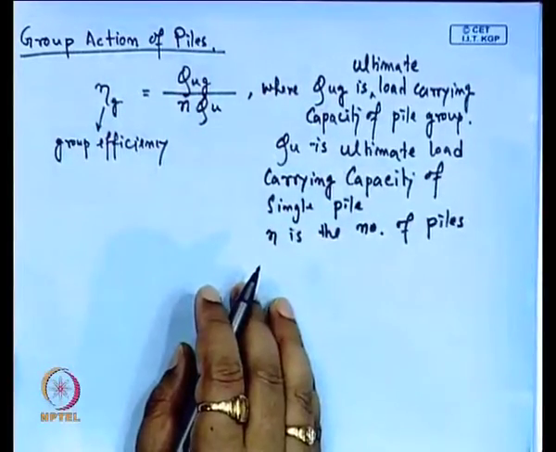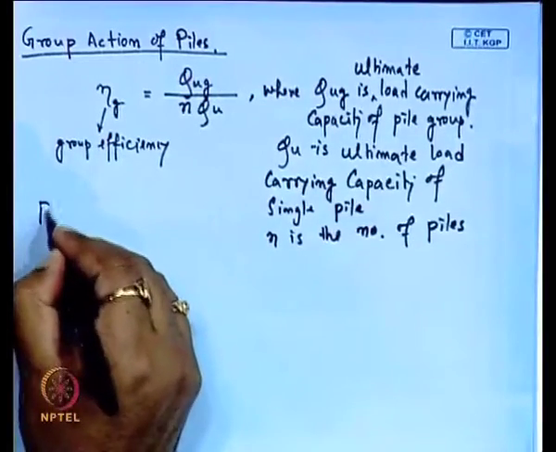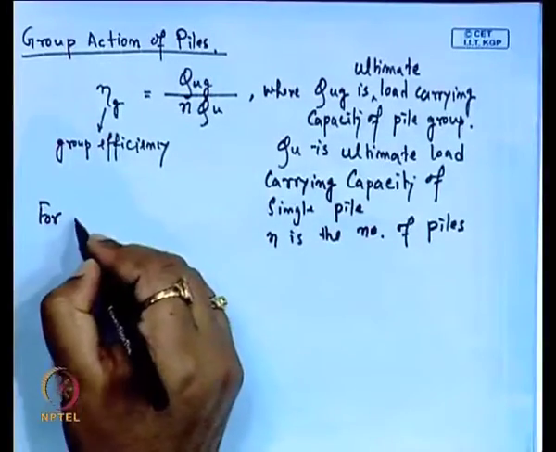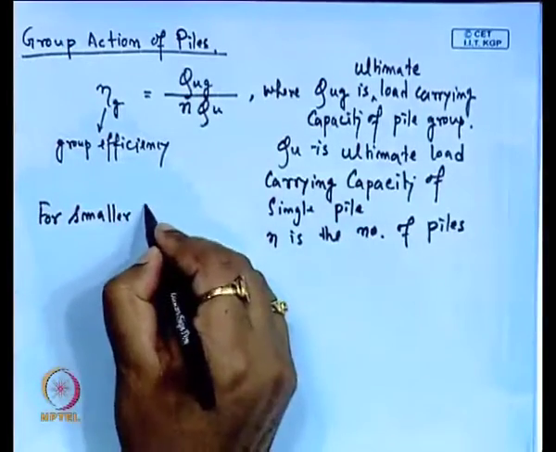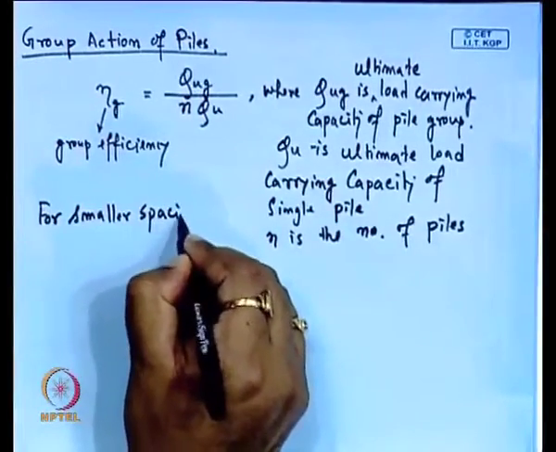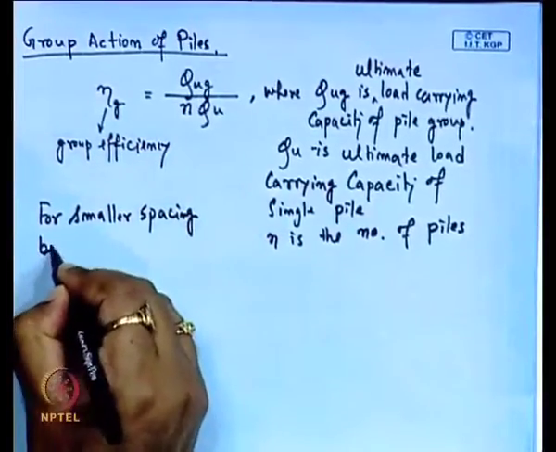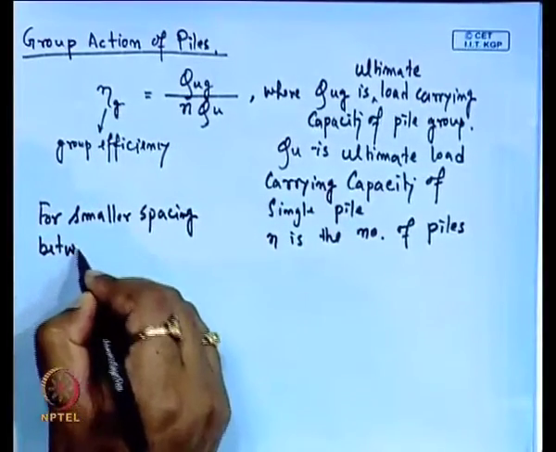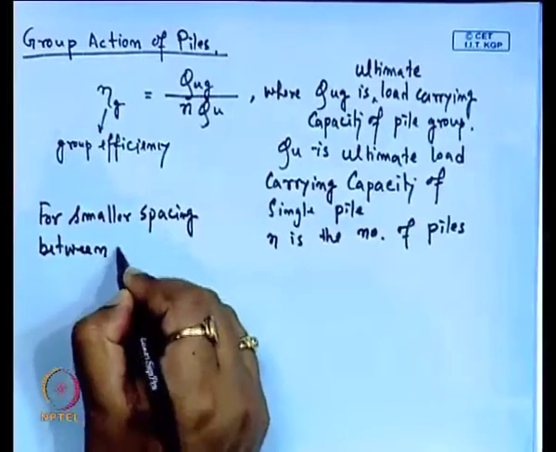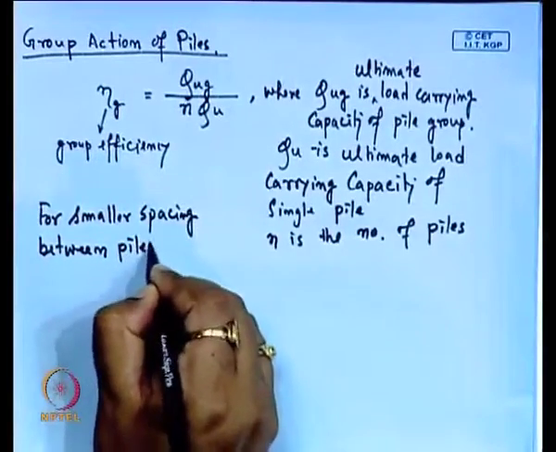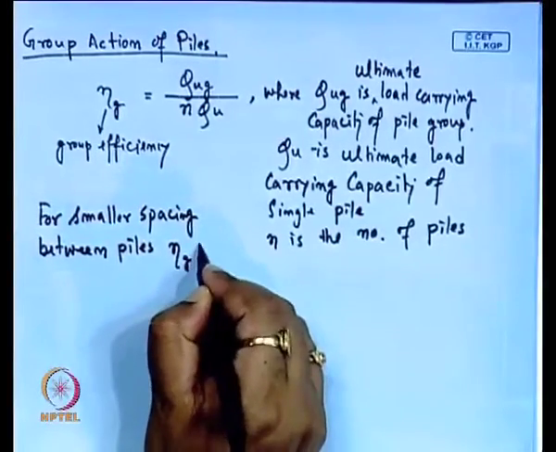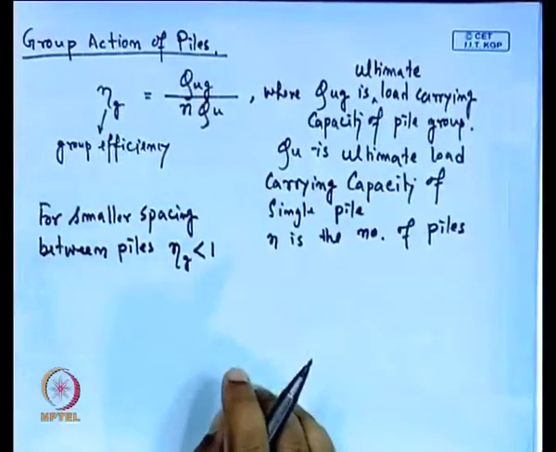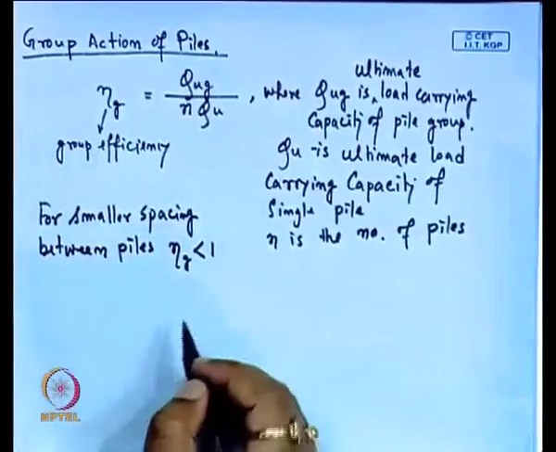Now for smaller spacing between piles, generally the group efficiency is less than 1, or less than 100%.